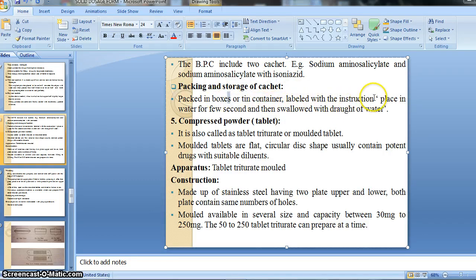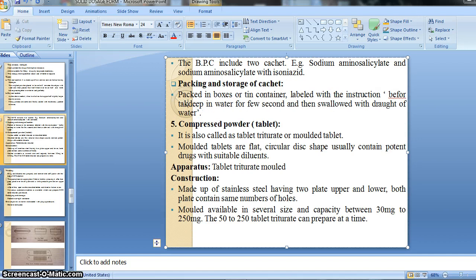Then the container should have a label with the instruction: before administration, dip it in water for a few seconds and then swallow it with a draught of water, right?